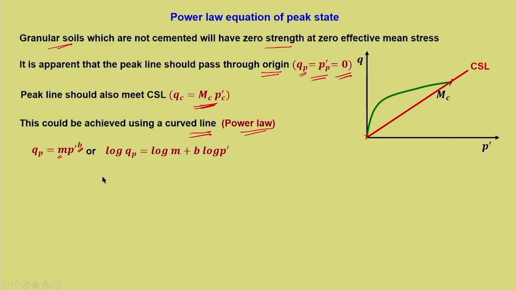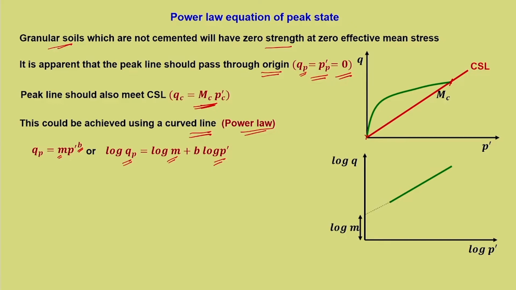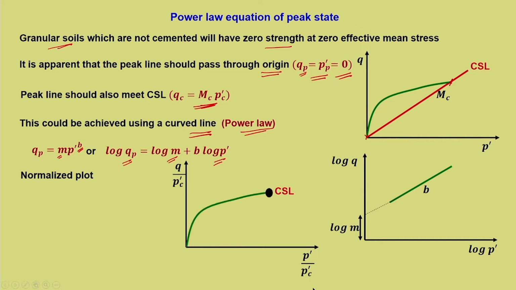In log, we can also write this as log Qp = log M + B log p', and that can be represented as a straight line, because on a log plot it becomes a straight line with intercept log M and slope B. In the normalized plot we can write q/p'c against p/p'c.